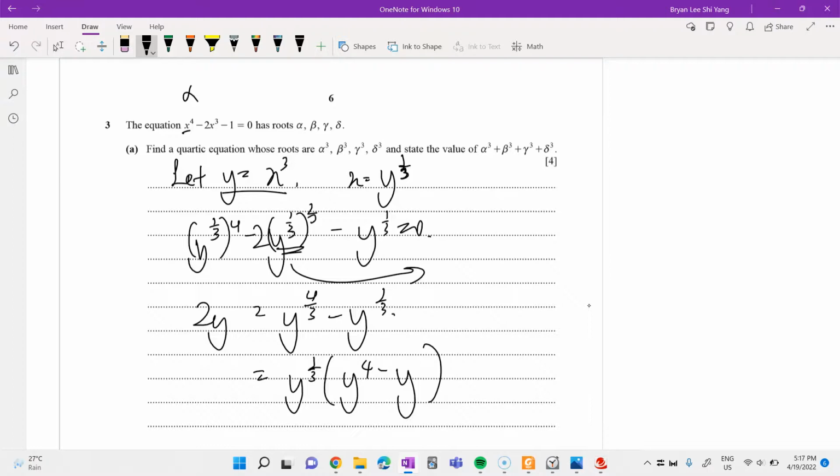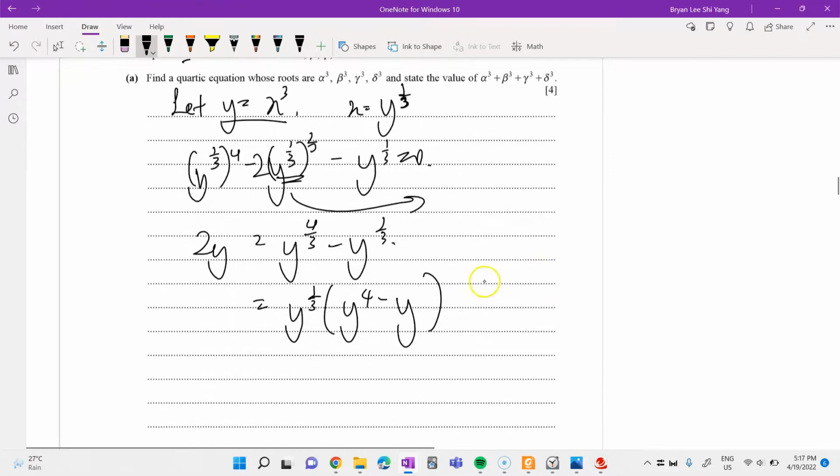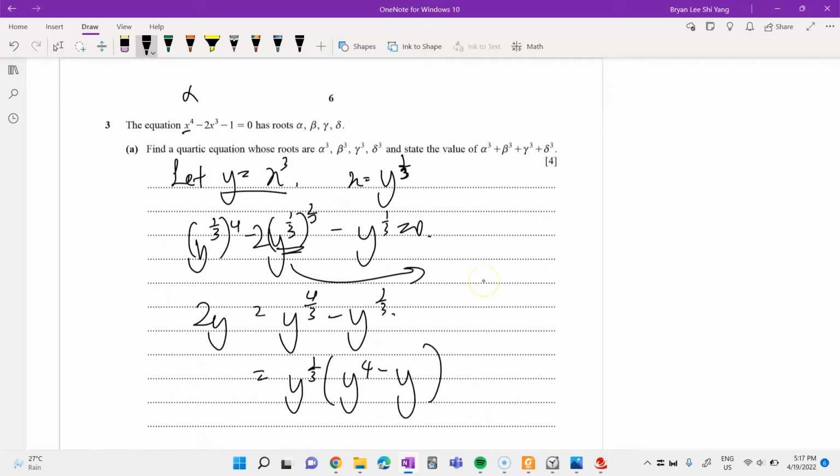Find a quartic equation whose roots are alpha cubed, beta cubed, gamma cubed, delta cubed. Guys, this is what happens if you go into the exam hall, bro. Find a quartic equation whose roots are. This looks correct, but I think I'm missing something. I don't know what it is.